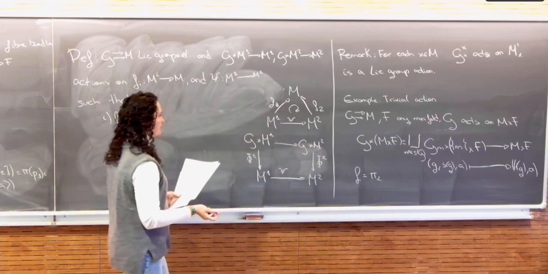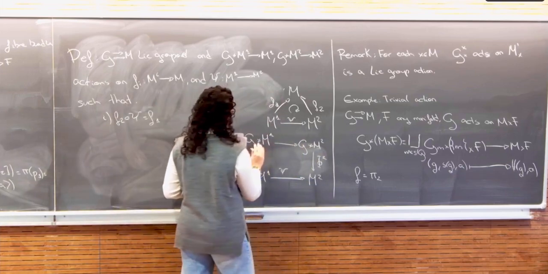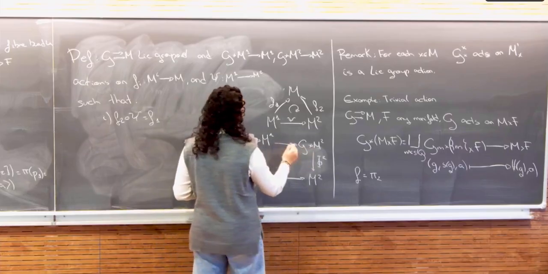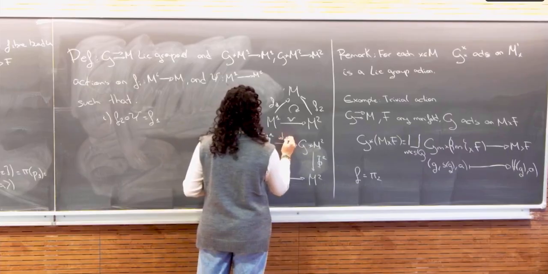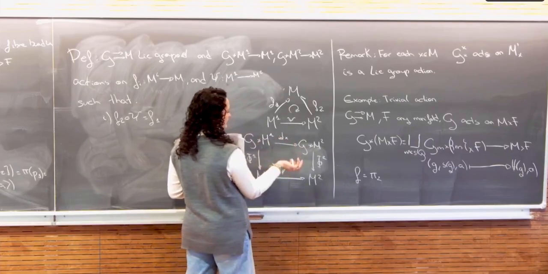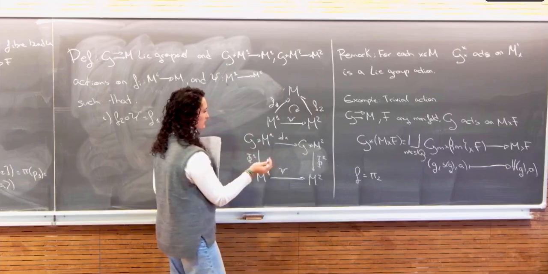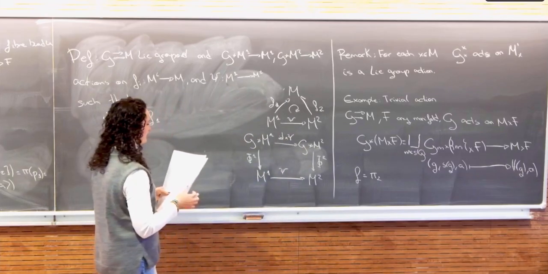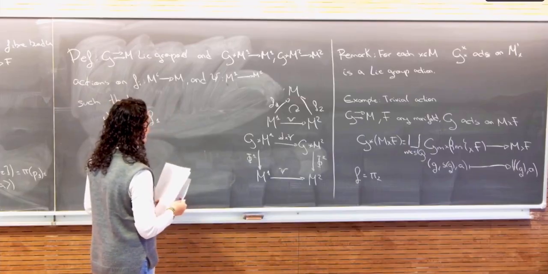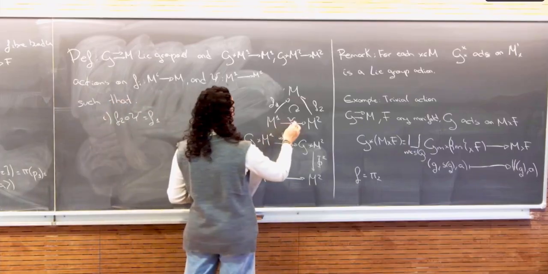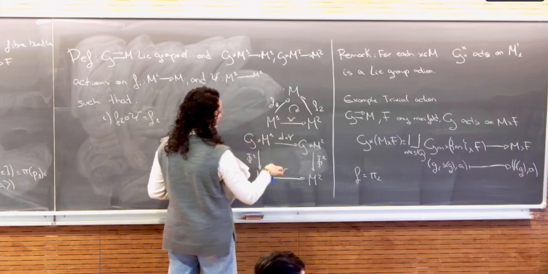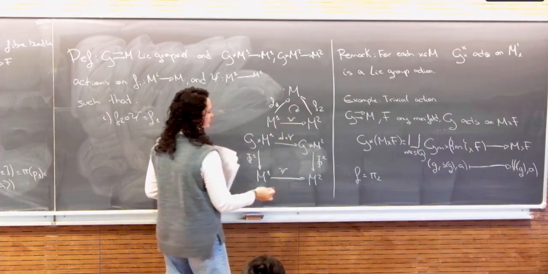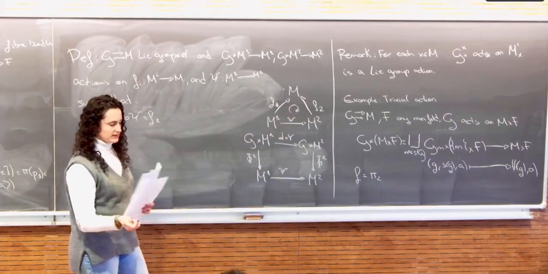Then what happens if we consider sending pairs of this manifold to pairs of this manifold? We don't change the groupoid, so the element of the groupoid remains the same, and we change the second part of the pair. So since this diagram commutes, we can multiply these pairs.